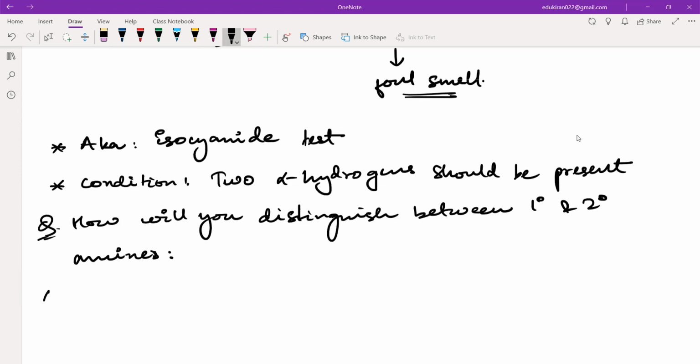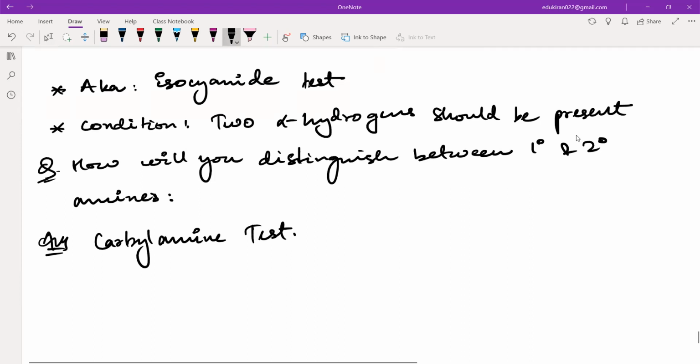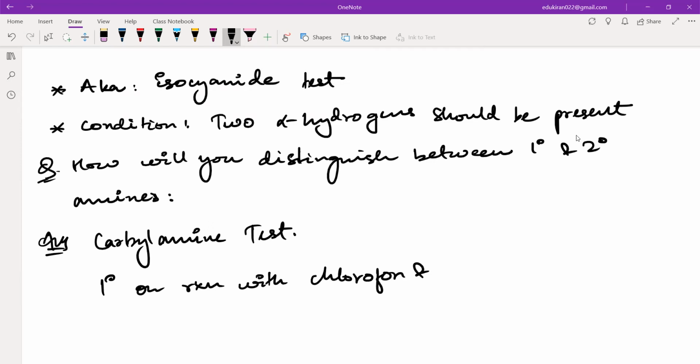So the answer is simple. Answer is the carbylamine test. ठीक है, उसमें क्या लिखेगा? ऐसे लिखेगा: 1 degree amines on reaction with chloroform. ठीक है, CHCl3 मत लिखिएगा, क्या लिखिएगा? Chloroform and potassium hydroxide.